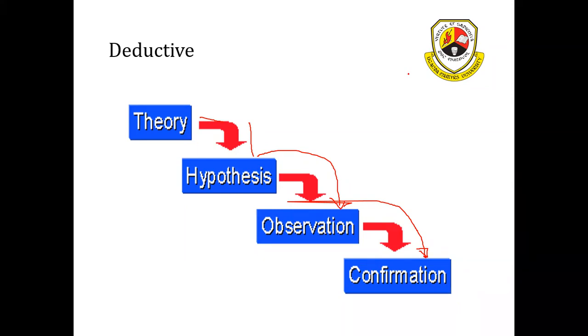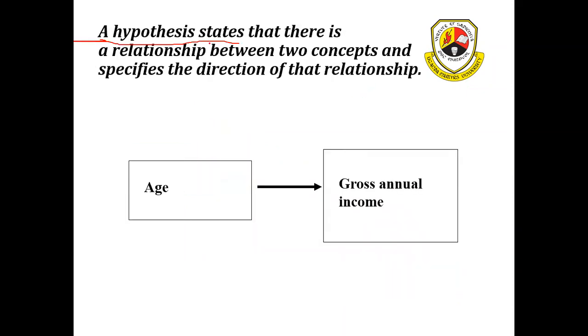Okay. Now, a hypothesis is stating the relationship between two concepts. For example, I gave you the example which comes from TAM, which says a system will be adopted, there will be adoption, if there's usability.